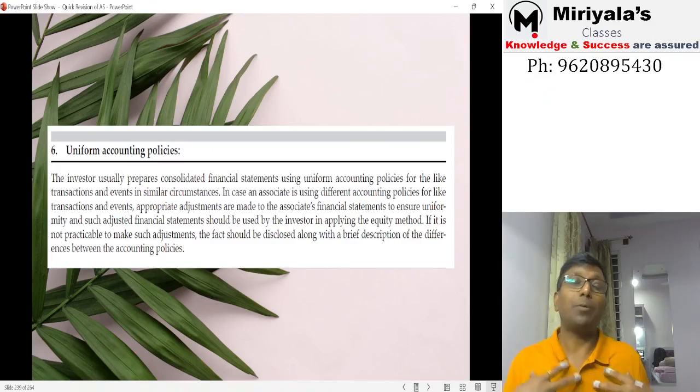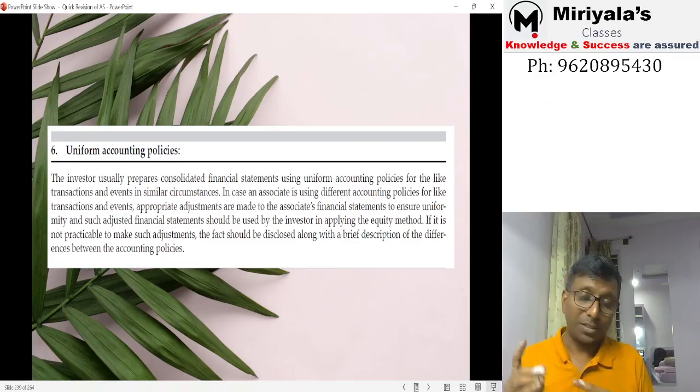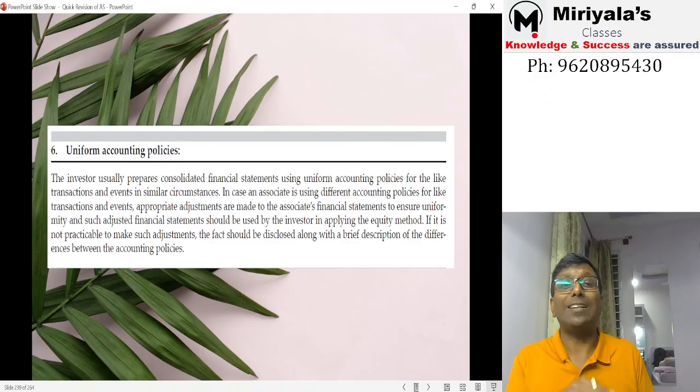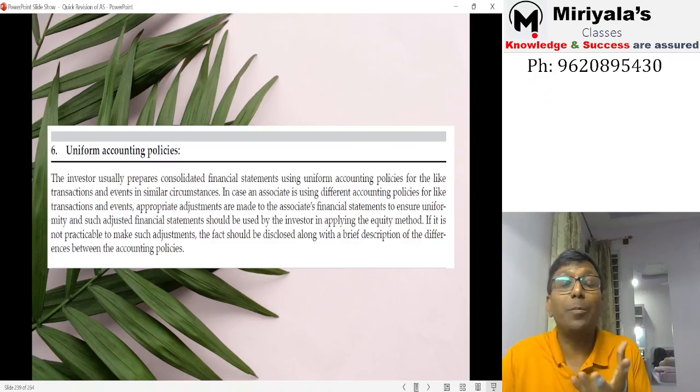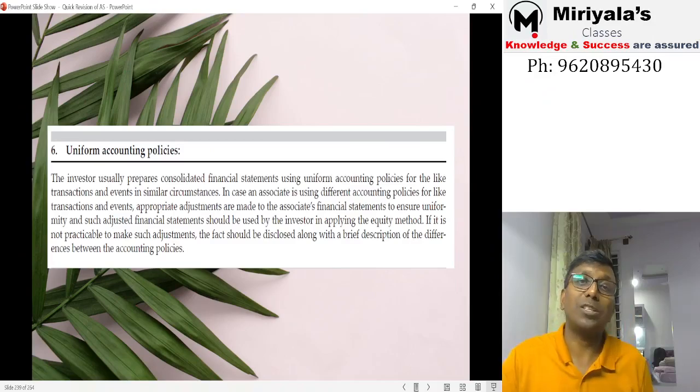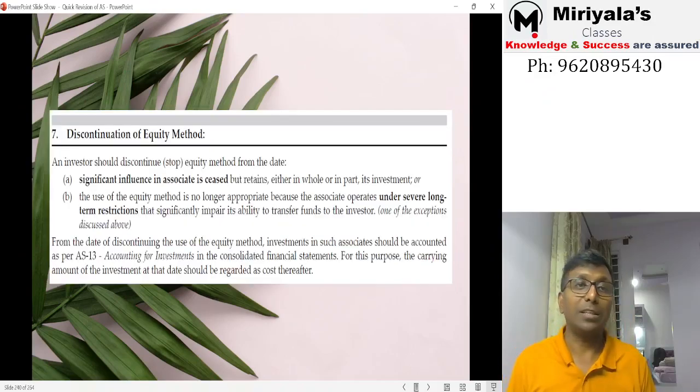The associate company may not be following my policy, but still you are supposed to make an adjustment to the financial statements so that uniform accounting policies are followed. After adjustments only should you consider the real profit or loss of this company, and from there you take your stake percentage of profit or loss.